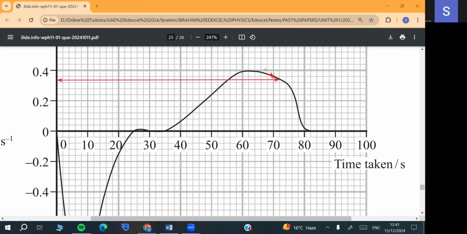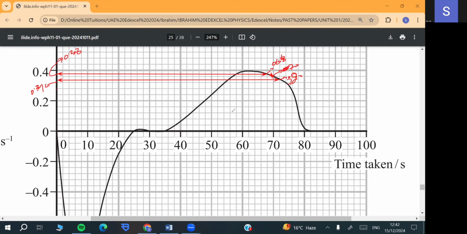You can say 0.24, 0.28, 0.32, 0.34, and this can be 0.38. And this is 70, this is 72, and this is 68. So 70, 72, and 68.